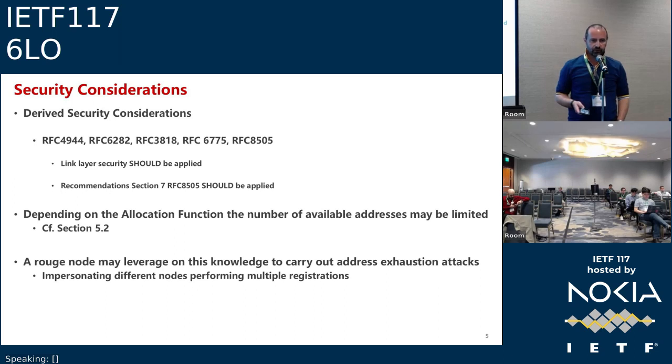One thing that is specific to PASA is the fact that depending on the allocation function that you use, you may have a limited number of available addresses. What can happen is if there is a malicious node, you can leverage this knowledge, impersonating different nodes and continuously asking for a new IP address and basically exhausting the number of addresses that are available.